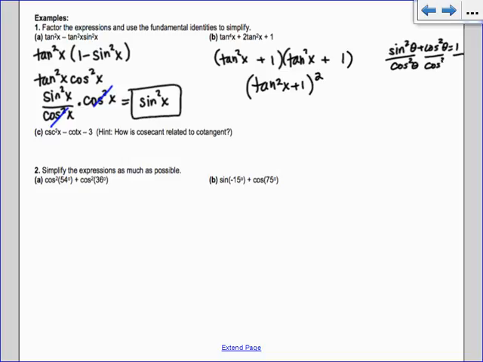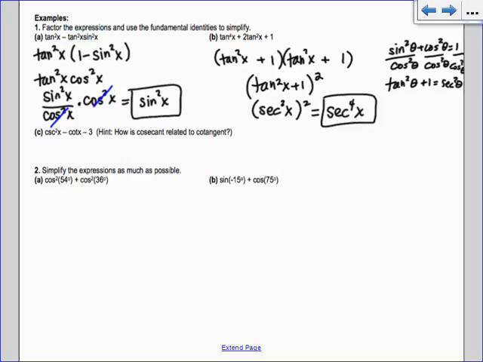You can always get those Pythagorean identities right away. When you do that, you have tangent squared theta plus 1 equals secant squared theta, which is what I was saying. So I get secant squared x squared, which, like you would expect, is secant to the fourth x, and that's your answer.